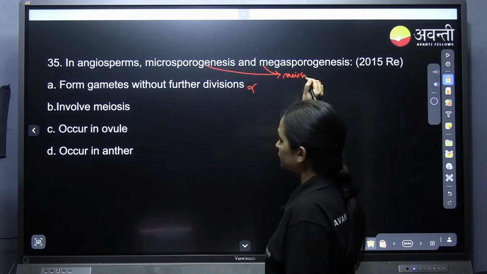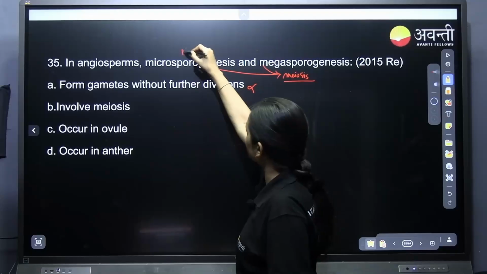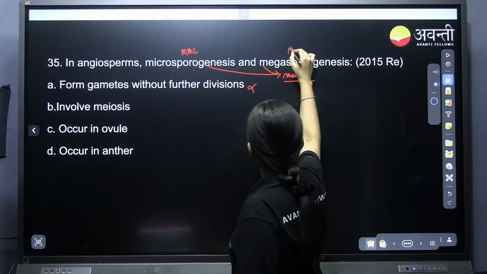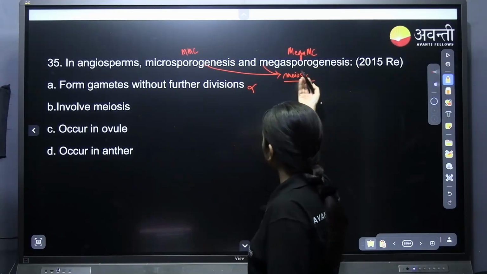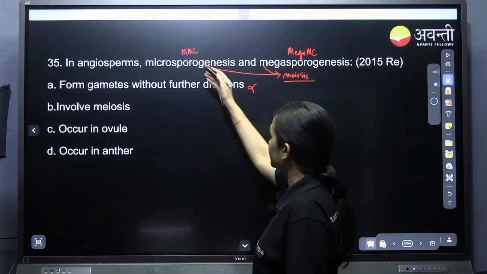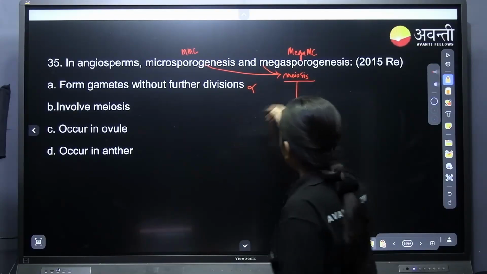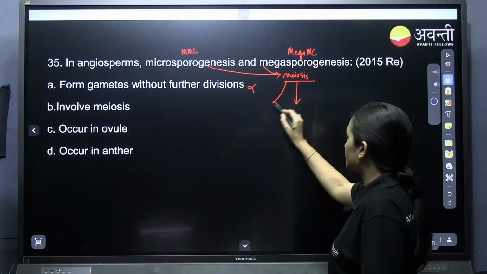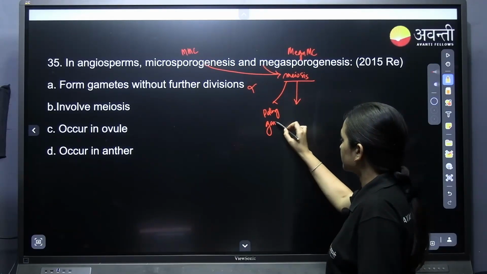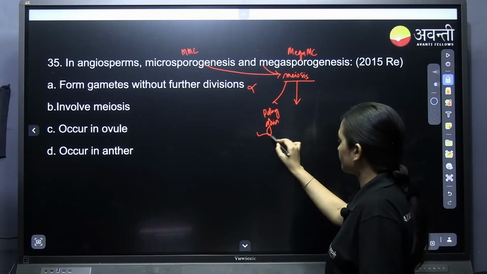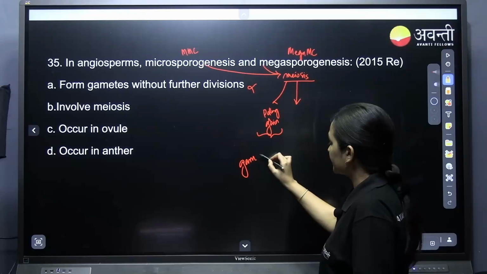Option B. I mean to say the microspore mother cell and megaspore mother cell both undergo meiosis, and that particular thing we call microsporogenesis and megasporogenesis. When this undergoes it, it forms pollen grain as a male gametophyte.